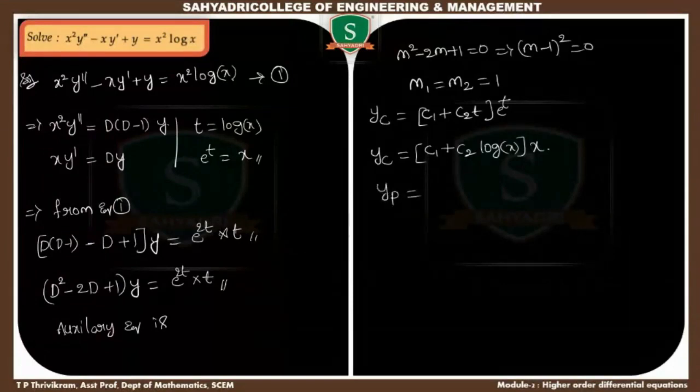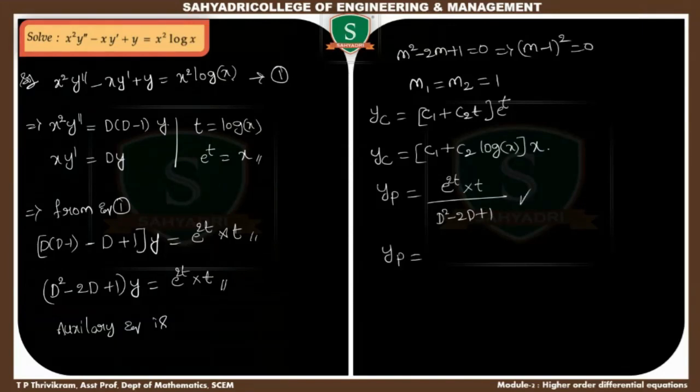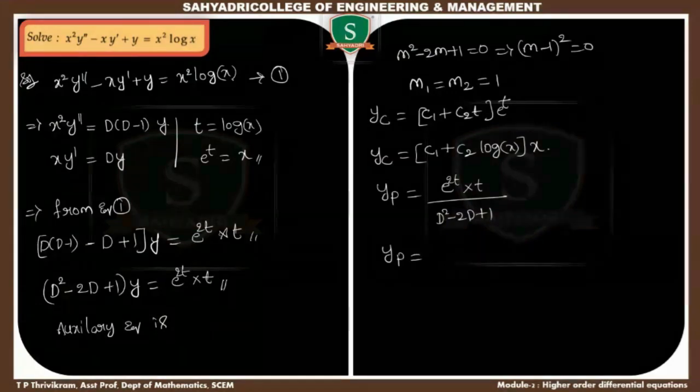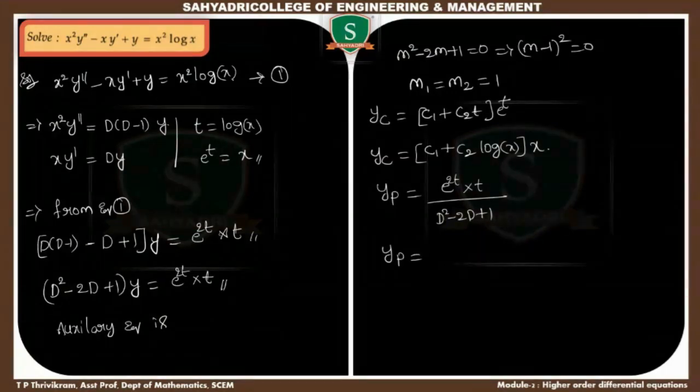So therefore yp is equal to e power 2t into t divided by D square minus 2D plus 1. This is of which kind of equation? Type 3 or type 4 or type 5? Exponential combination. Type 4. Yes, it is of type 4.